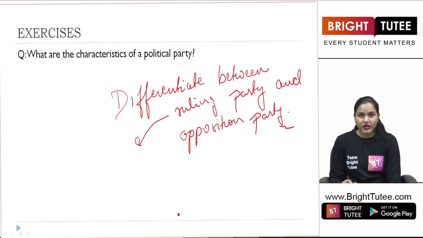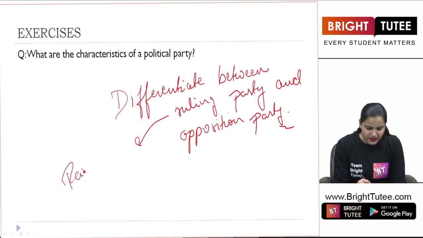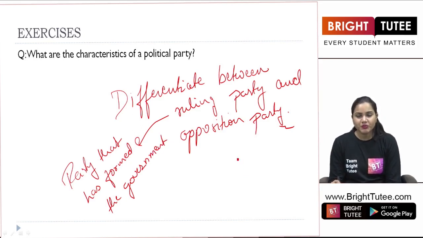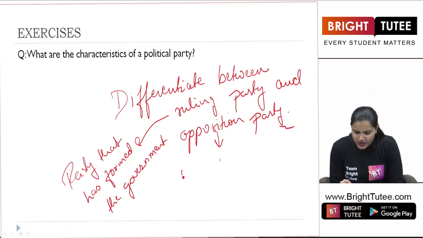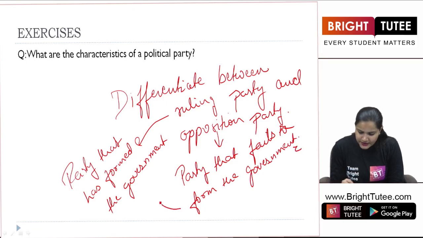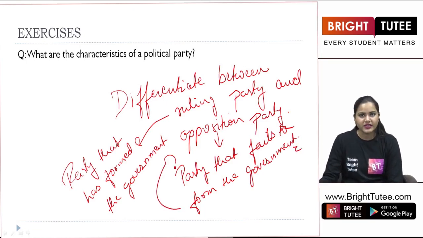So when we are talking about the ruling party, it means the party that has formed the government, right? And when we talk about the opposition party, what are you going to write here? In opposition party, you have to talk about the party that fails to form the government is known as the opposition party, right?